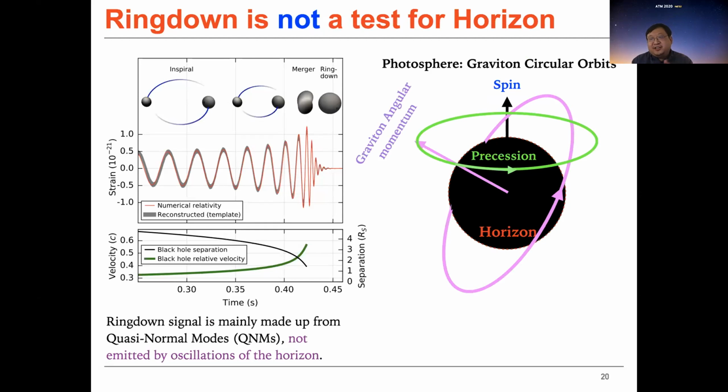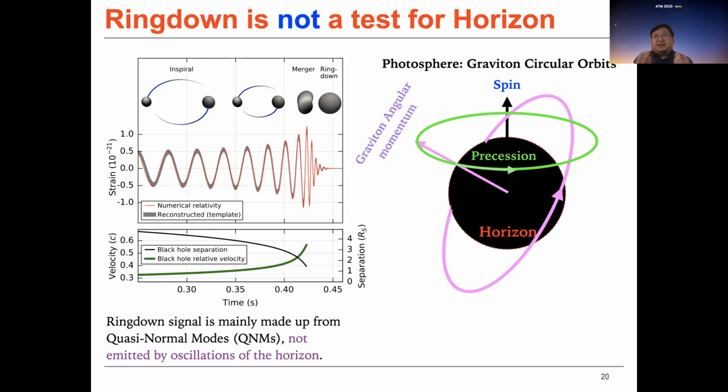As it turns out, depending on your definition of what a black hole is, it's usually not an oscillation of the black hole, because the ring down part of the gravitational wave is due to gravitational wave packets which are circulating the final black hole on circular orbits, which are precessing and circling the final black hole.